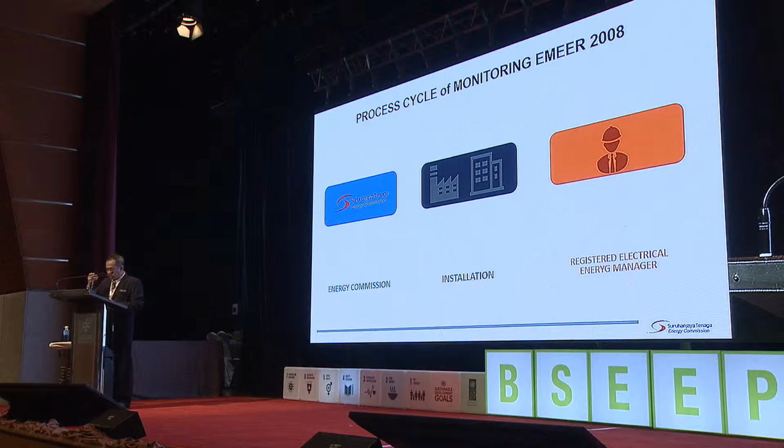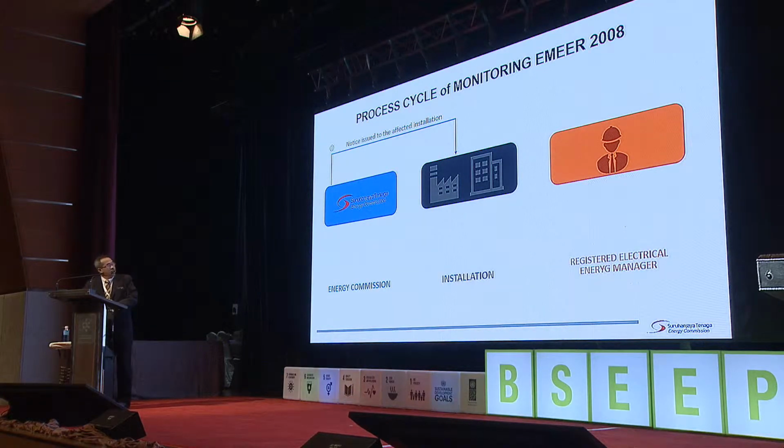So the process cycle of monitoring EMER in 2008: the Energy Commission will notify the industrial and commercial sectors that they are subject to this requirement. We get this information from our utilities.